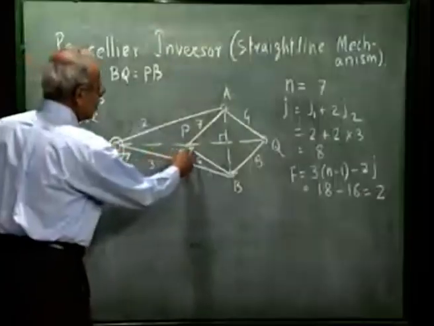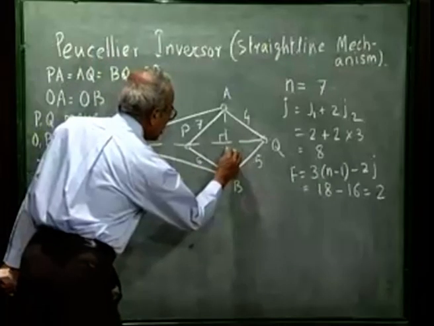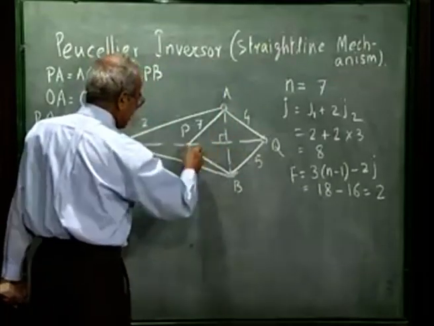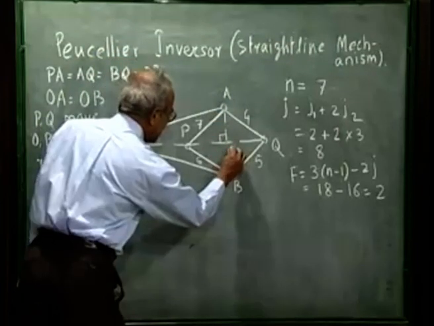Now we should be able to prove that OP into OQ also remains constant. To prove that, let me call this midpoint the intersection of PQ and AB. These 2 diagonals bisect each other perpendicularly at this point.